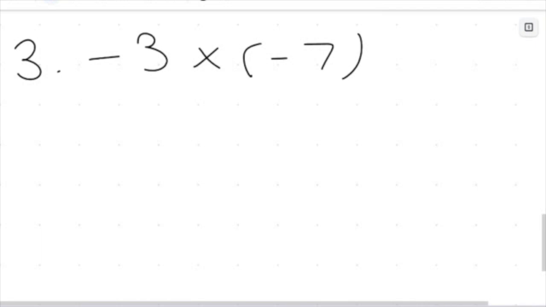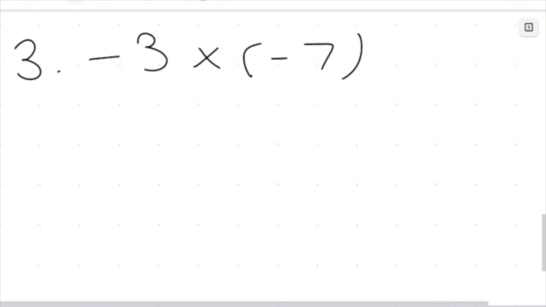So we're taking this one step further. We know what happens when we multiply two positive numbers. We know what happens now when we multiply a positive and a negative. And now we're going to see what happens for the last option, which is when we multiply two negatives together.